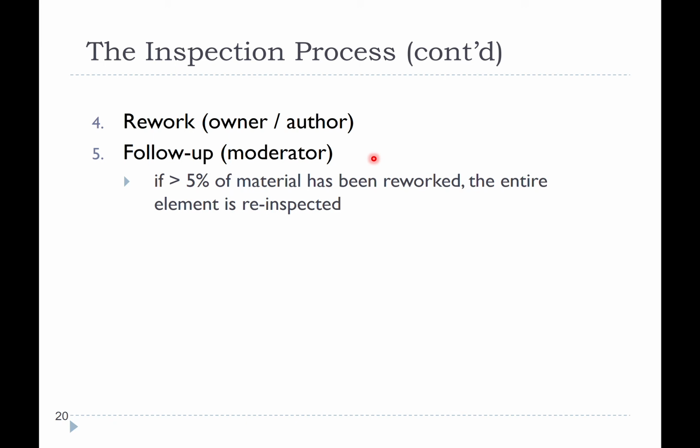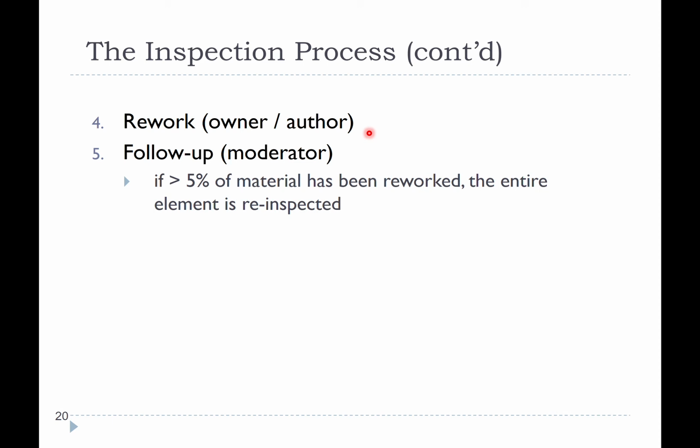If I feel this original document was really bad, then maybe we should do another inspection meeting. If not, a follow-up is not really necessary anymore. Rather, the follow-up could just be the moderator asking the author, did you actually fix the issues that were reported?